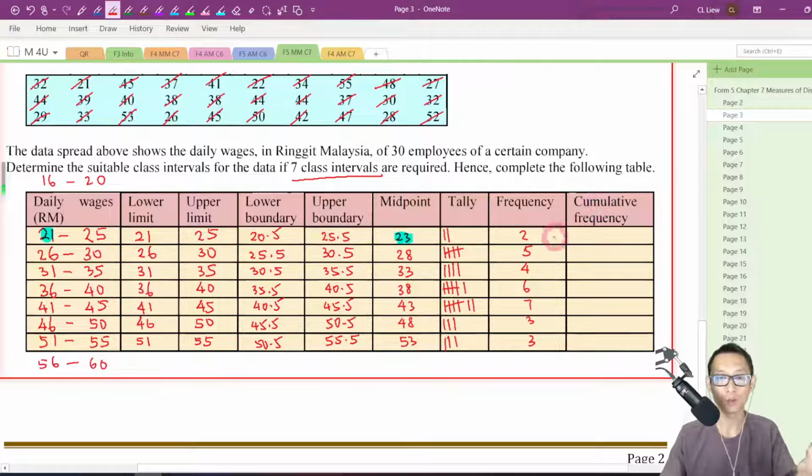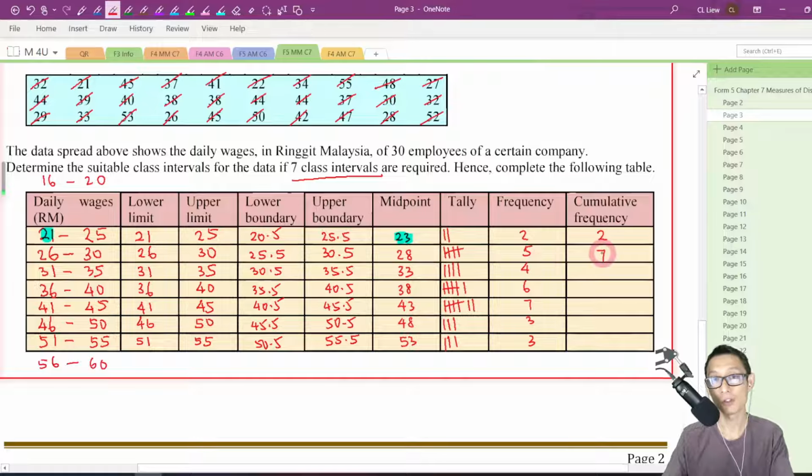Cumulative frequency means that we accumulate the frequency altogether. So for example, this is 2, right? Just write 2. For the first class interval, the cumulative frequency, we just copy it. So for the second class interval, the cumulative frequency will be 2 plus 5. We accumulate all the frequency together. And then for this we have to be more careful. 7 plus 4, not 2 plus 7 plus 4, that is not correct.